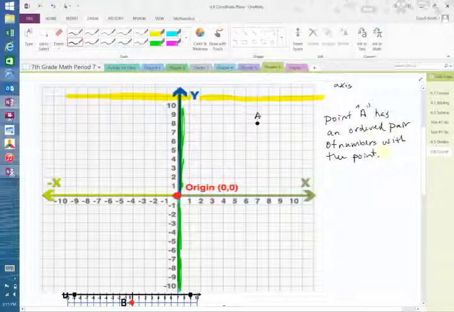We call this the x coordinate and the y coordinate.